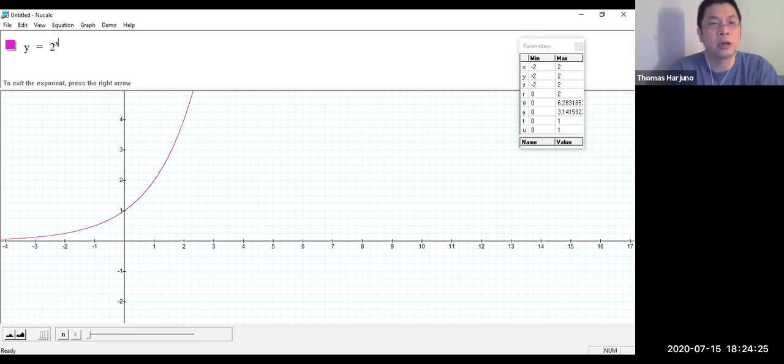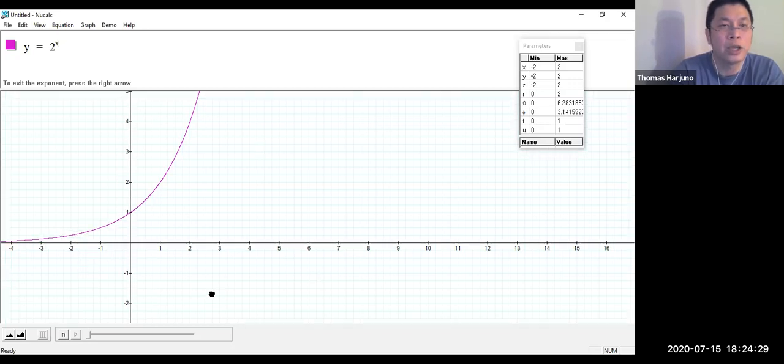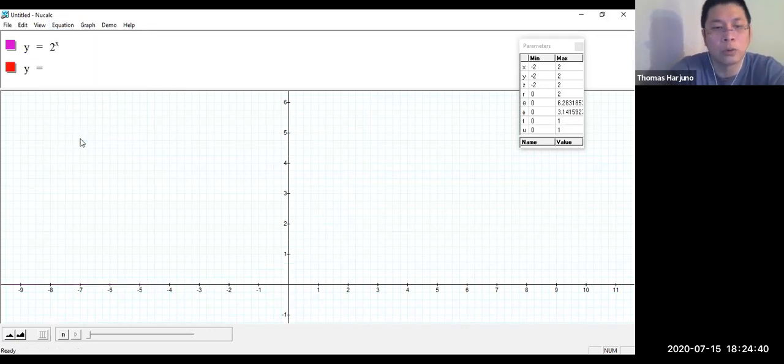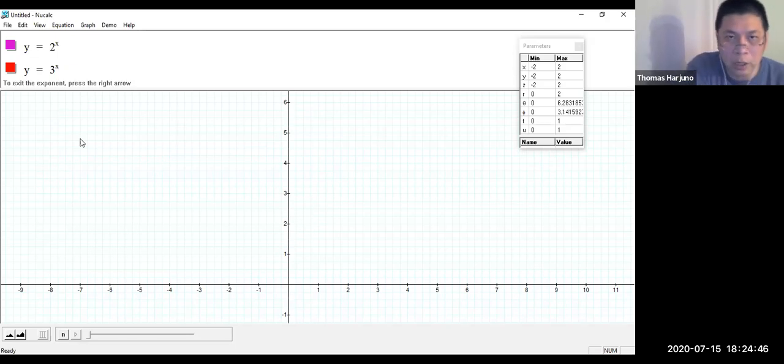So you see here we have the graph of 2 to the x. Now let's compare that with other basic exponential functions. Let me use y equals 3 to the x. So 3 to the x means every 1 unit to the right, you multiply the previous value by 3.